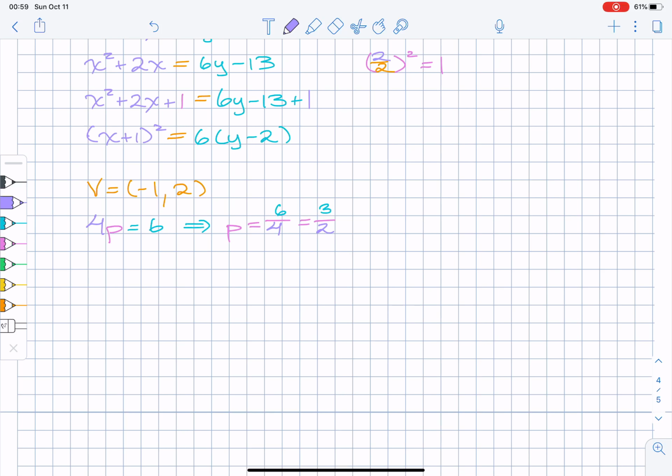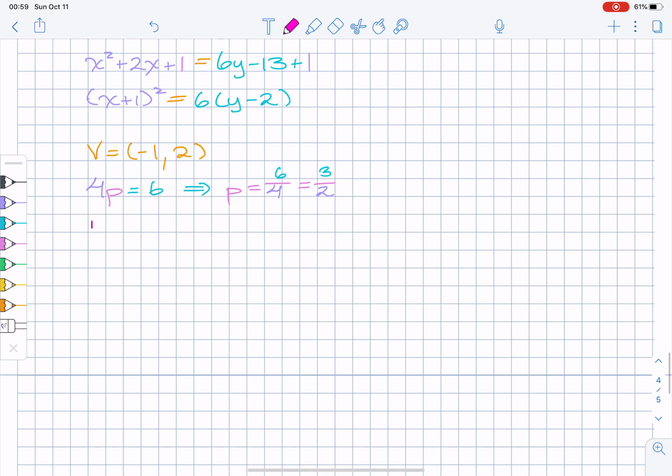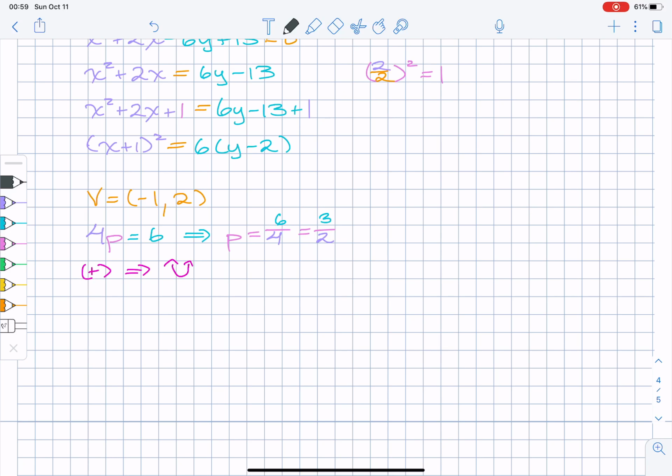Okay, and was it positive or negative? It was positive, and it's x squared, so I claim that this opens upwards. So it opens upwards, and my vertex is at negative 1, positive 2.